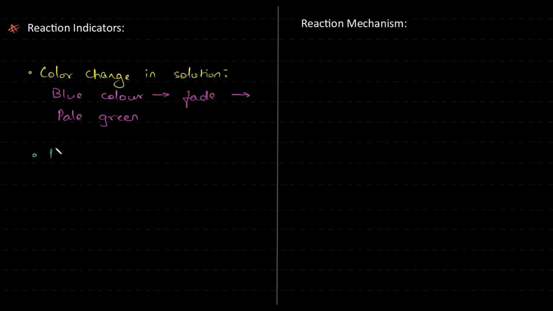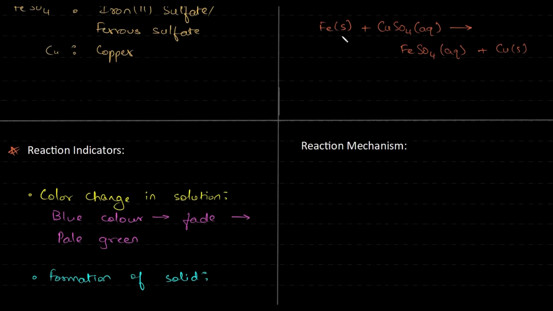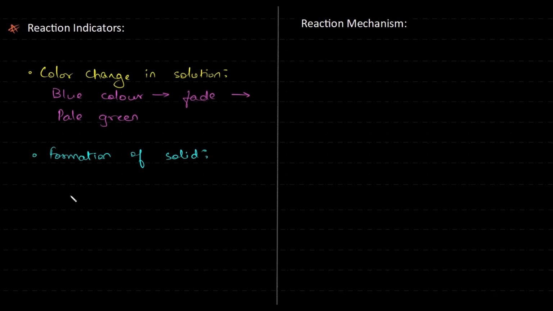Then formation of the solid. So a reddish brown solid, that is metallic copper, will deposit on the surface of the iron. So since we started off iron to be a solid material, so we'll get to see a reddish brown solid.